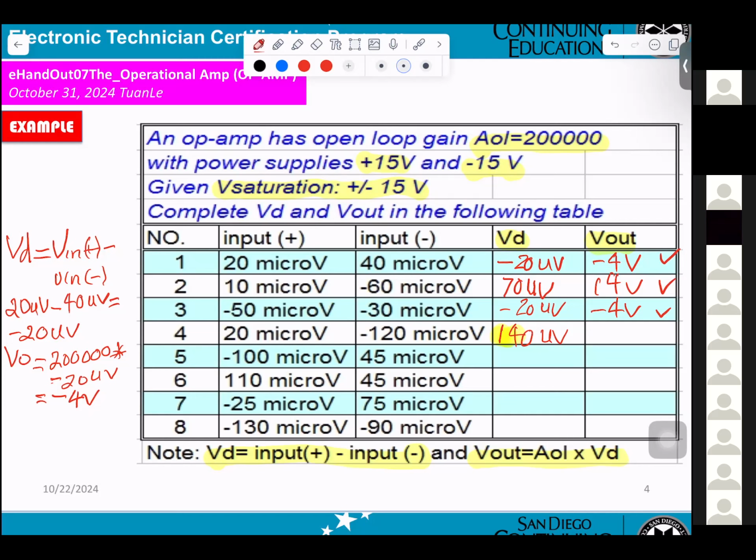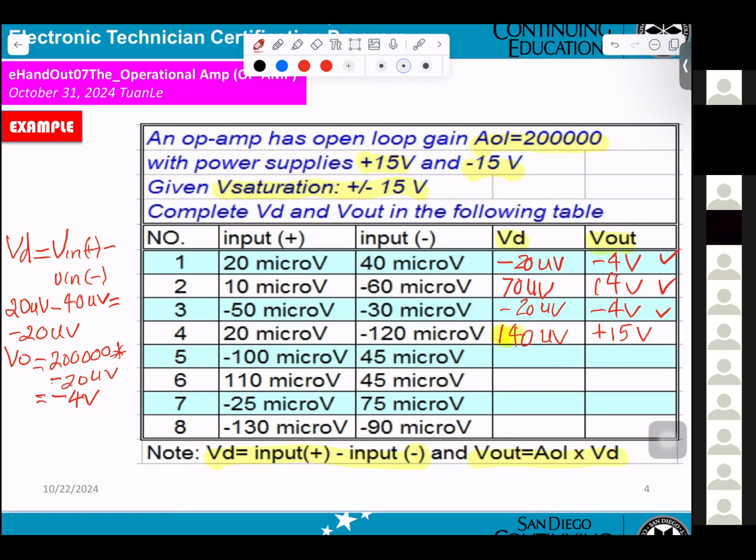Perfect. Because the calculated number, when you take 140 microvolts and multiply it times the AOL, the open loop gain, which is 200,000, you get 28.